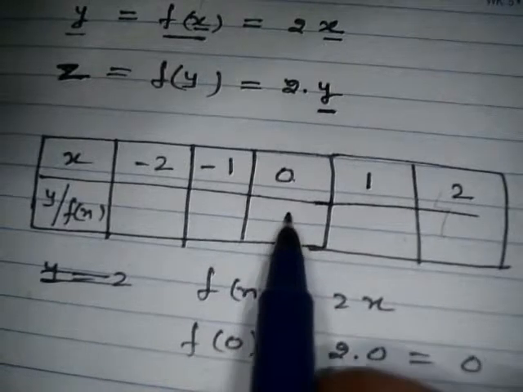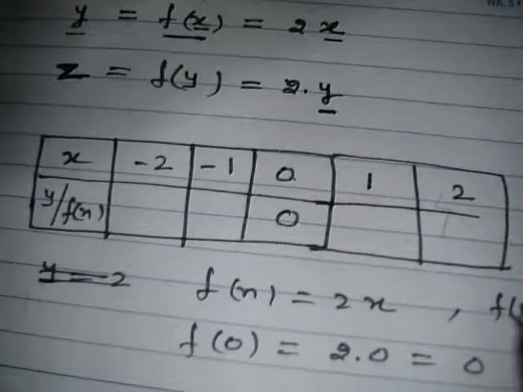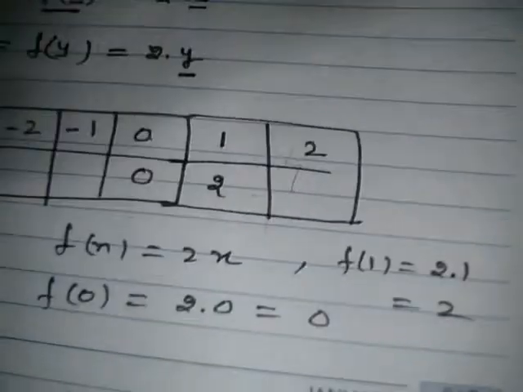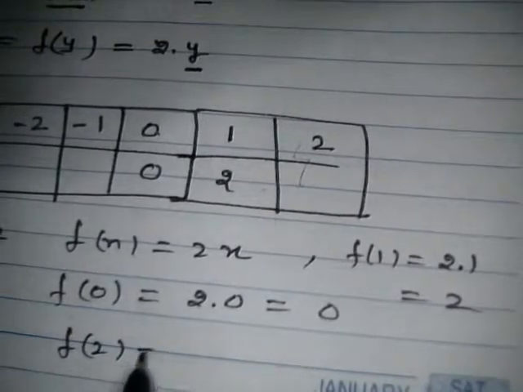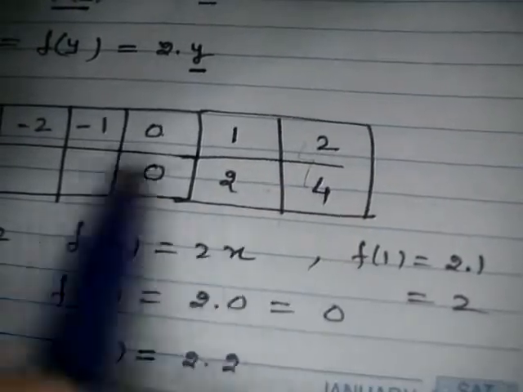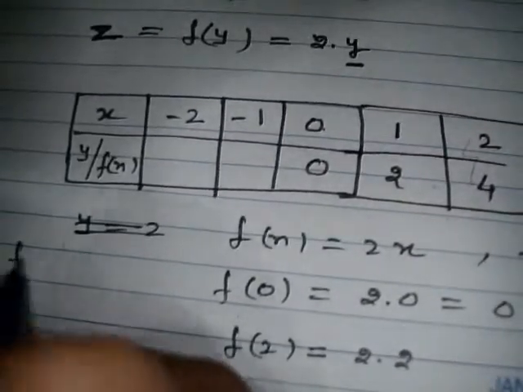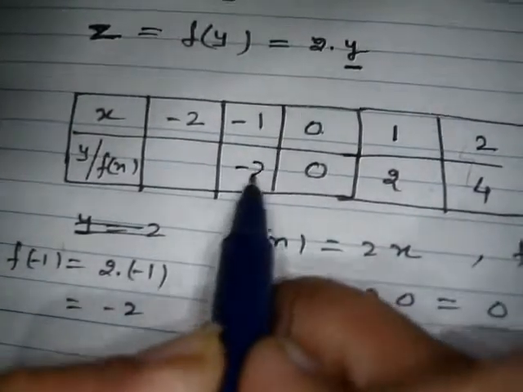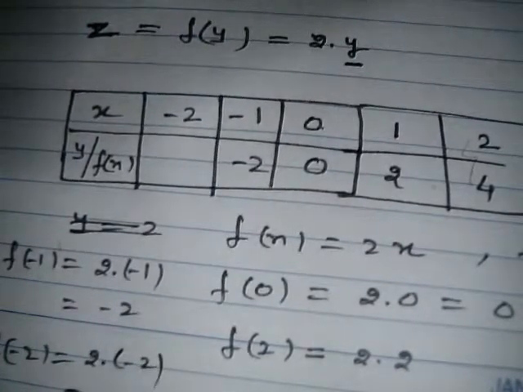When you plug in x equals 1, f(1) is 2 times 1, which is 2. f(2) is 2 times 2, which is 4. f(negative 1) is 2 times negative 1, which is negative 2. f(negative 2) is 2 times negative 2, which is negative 4. So I have formed this table.